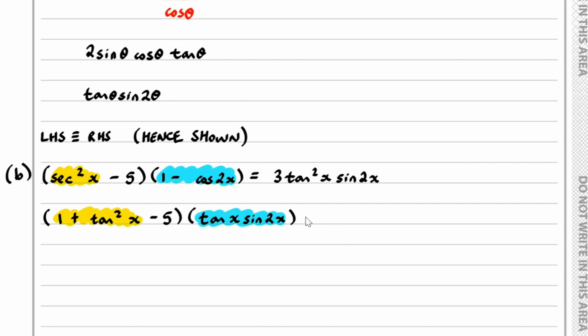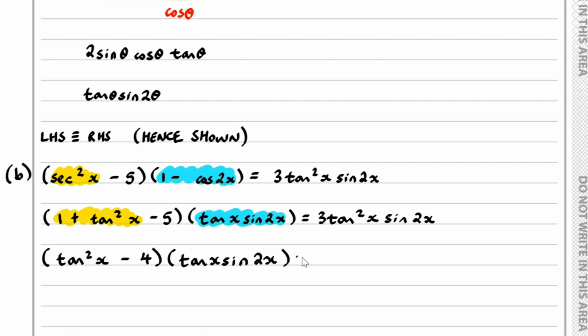And all of this is equal to 3 tan squared x sin 2x. So for this bracket I've got tan squared x minus 4, and I'm multiplying that by tan x sin 2x, and that's equal to this on the right hand side.